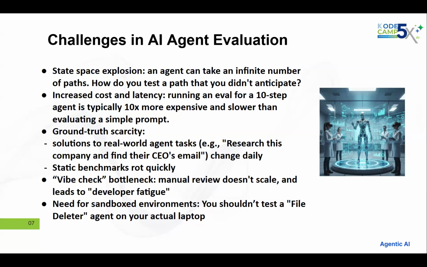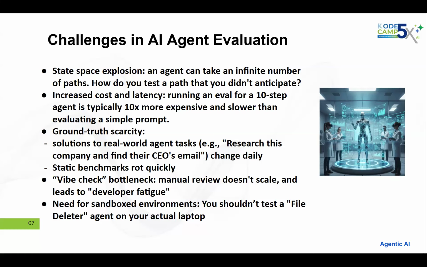And given that agent execution follows cycles, you could loop back and have still more. There could be an infinite number of possible paths that the agent can take in trying to achieve the user intent.